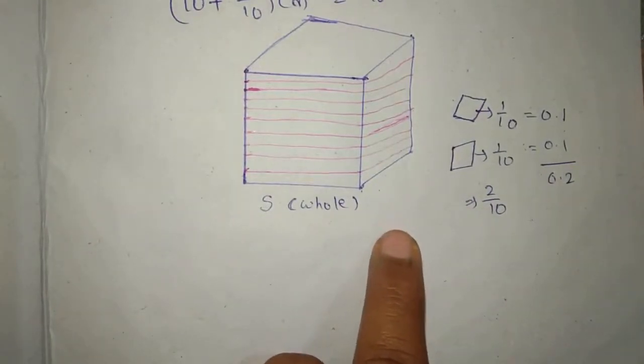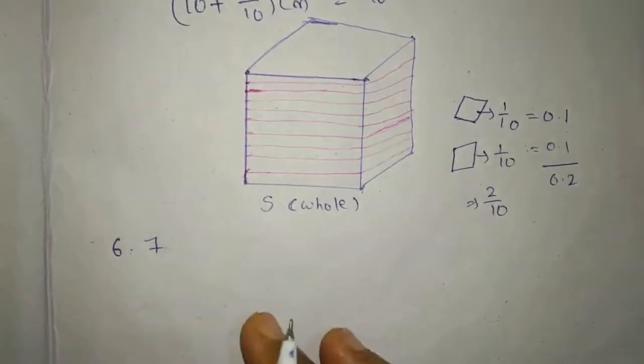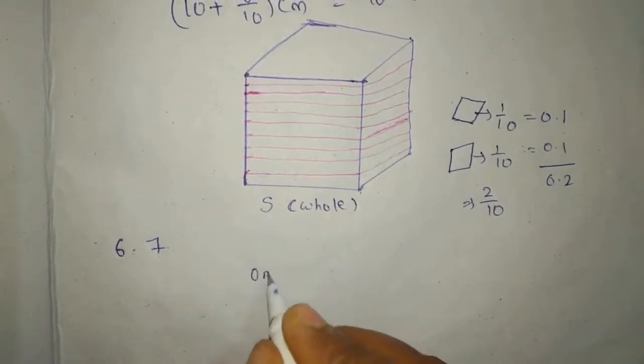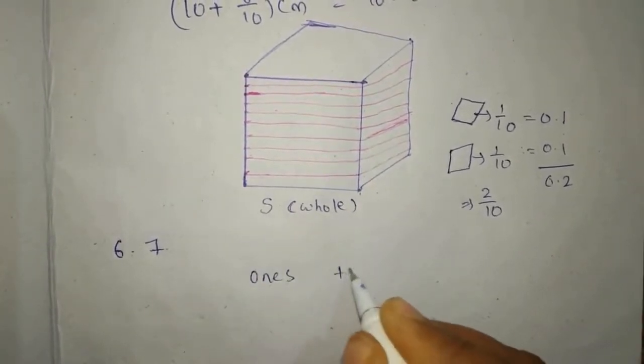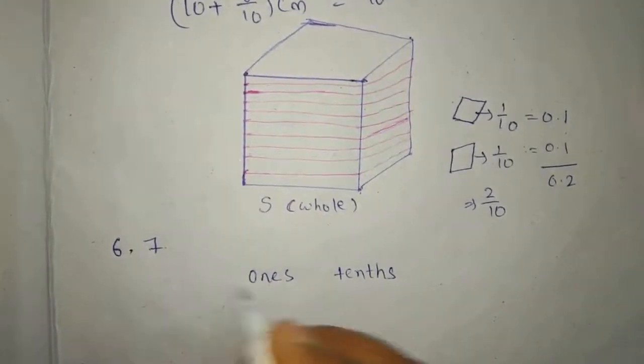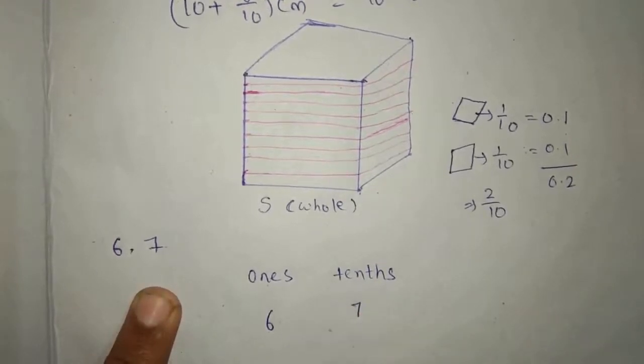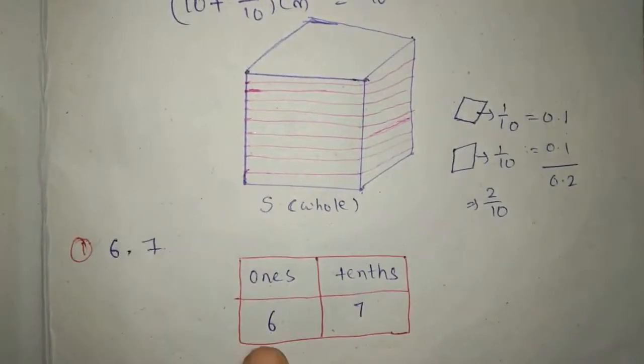So if you want to write 6.7 in the place value chart, we write ones place, tenths place. Here the ones place is 6, the tenths place is 7.